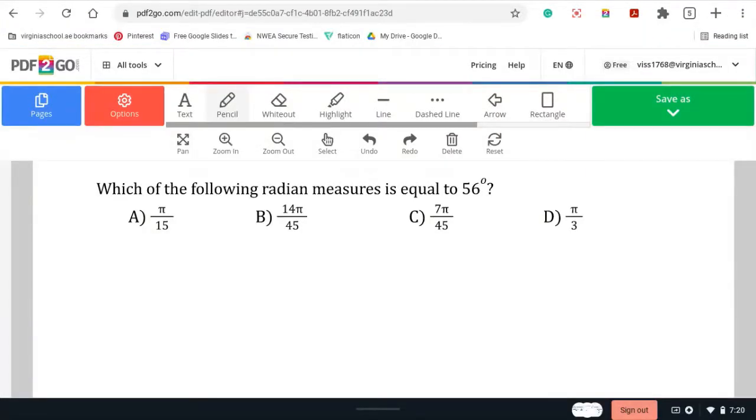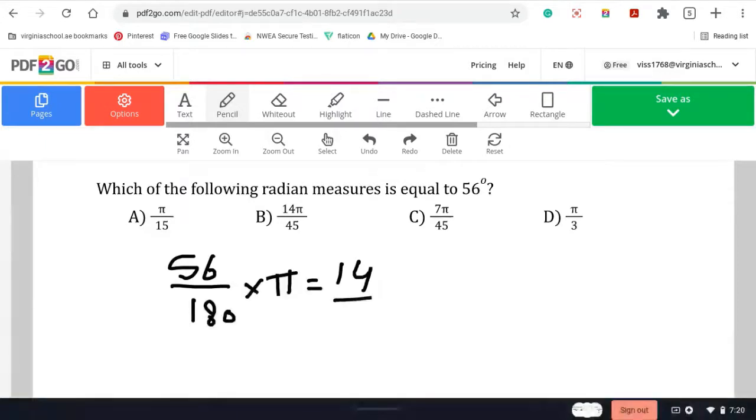Here we have a question from the EmSAT. It says, which of the following radian measures is equal to 56 degrees? So here we need to change 56 degrees to radians, and this is how we do it. 56, we divide it by 180, and we multiply it by pi, which equals 14 over 45 multiplied by pi.